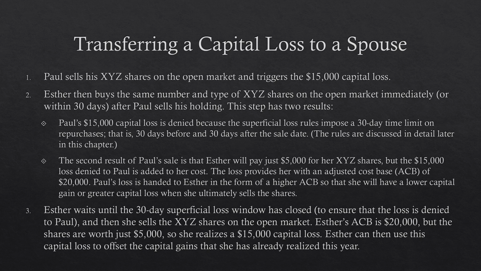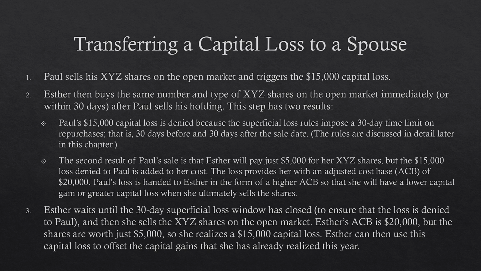Paul's loss is handed to Esther, the wife, in the form of a higher adjusted cost base, so that she can then have a lower capital gain or a greater capital loss when she ultimately sells the shares. So then the wife would have to wait at least 30 days to get out of that 30-day superficial loss window before she sells the shares, just so that she can claim that capital loss.